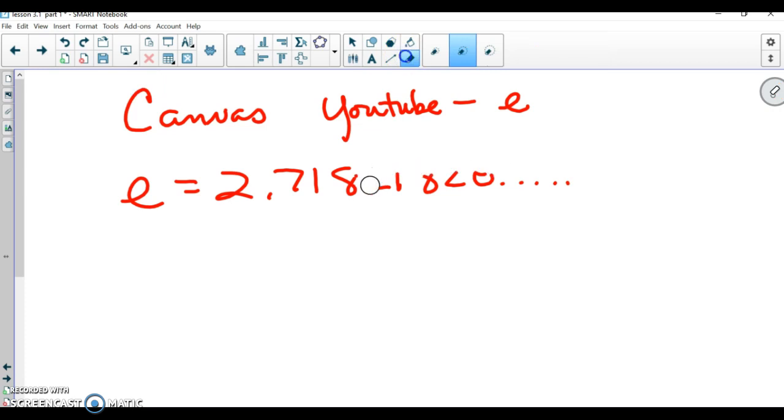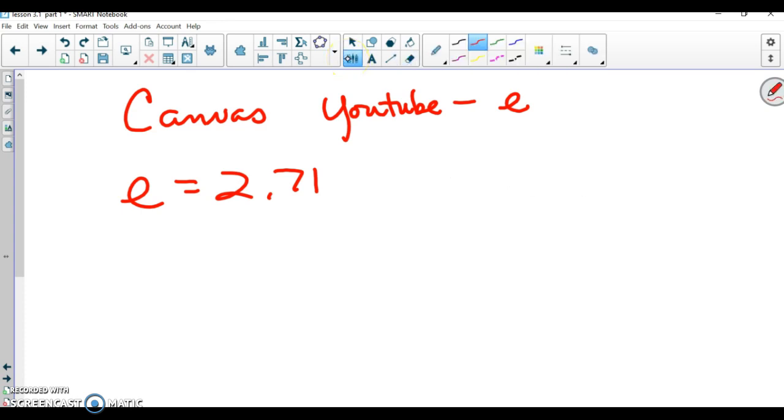The value e, of course, like pi, we're going to be truncating most of the time. When you use your calculator, however, it uses a lot more places than we do when we round it to the nearest hundredth. In example 5, you'll see that the number e can be approximated, because again it's not a rational number, by the expression 1 plus 1 over x to the x power for large values of x.